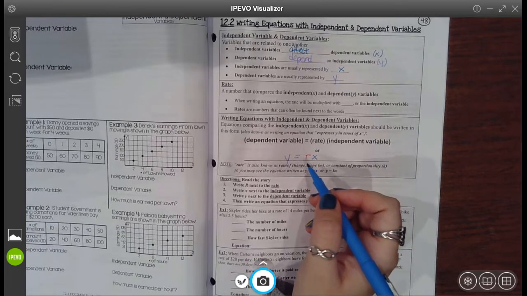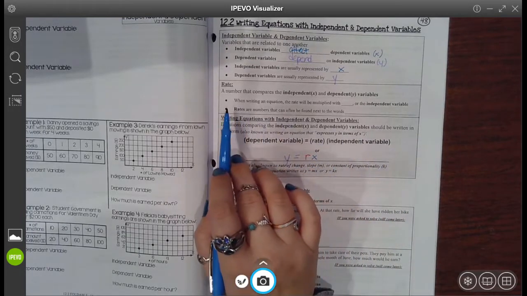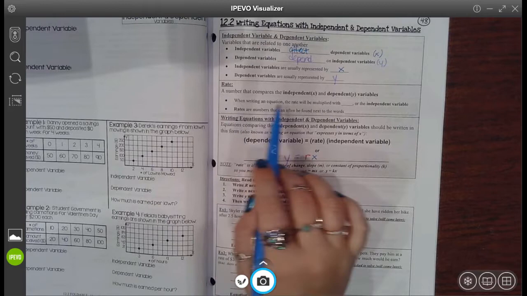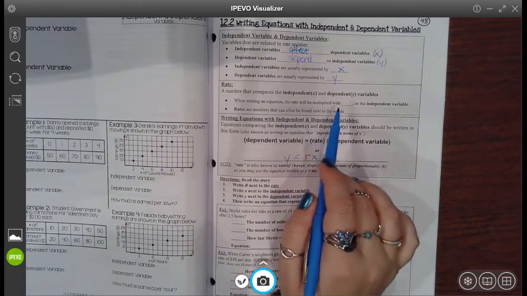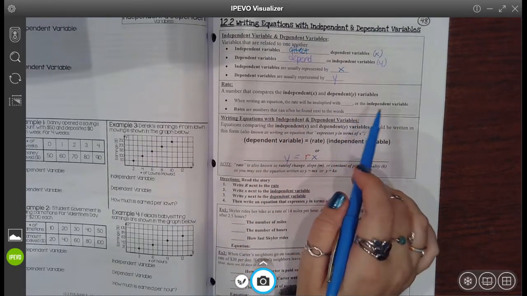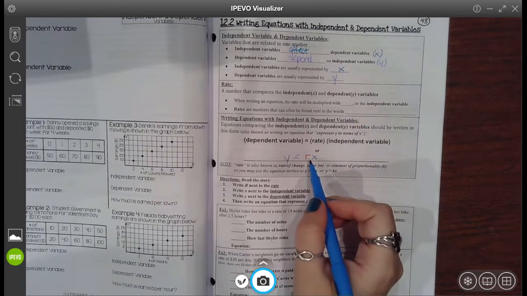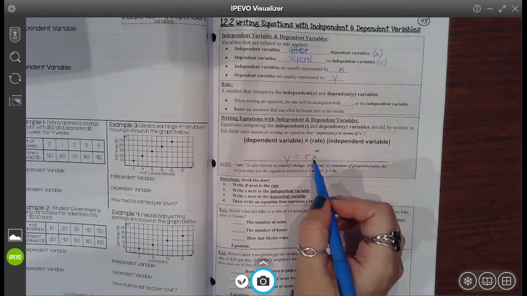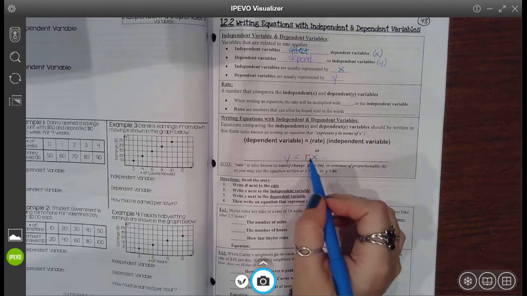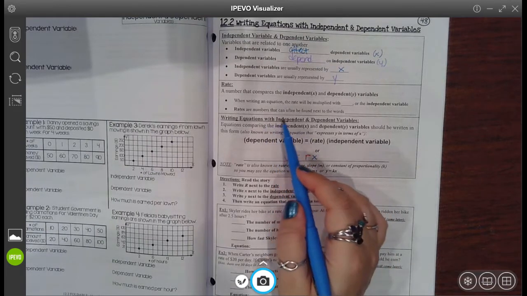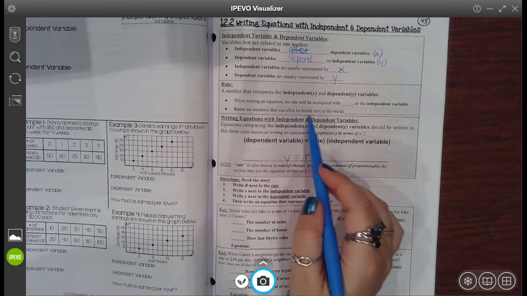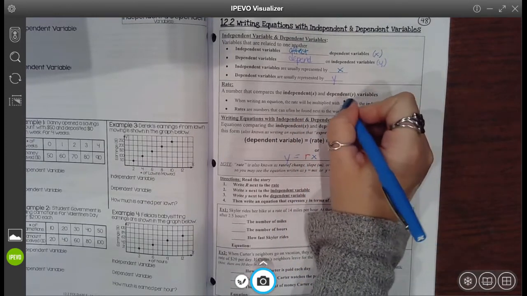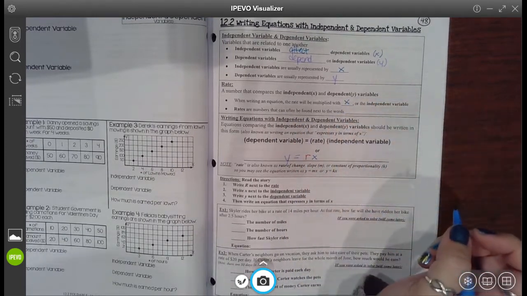Okay. So let's get back up to here. A rate is a number that compares the independent x and dependent y variables. So see how it compares, like what did you do to the x to get to the y? And we usually use your rate in that equation. When you're writing an equation, the rate will be multiplied with x or the independent variable.